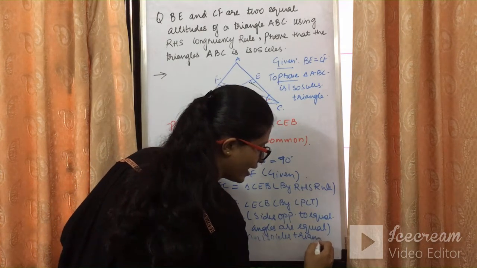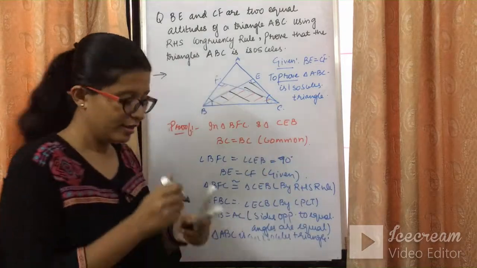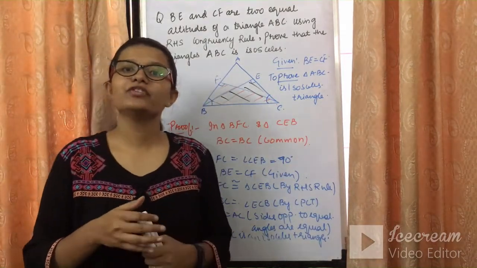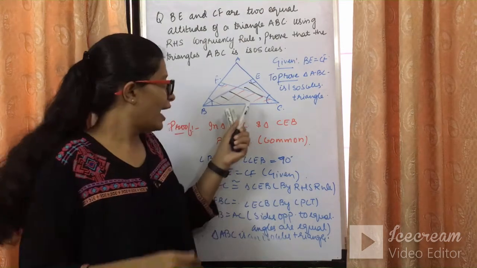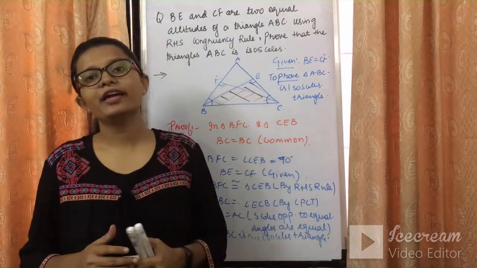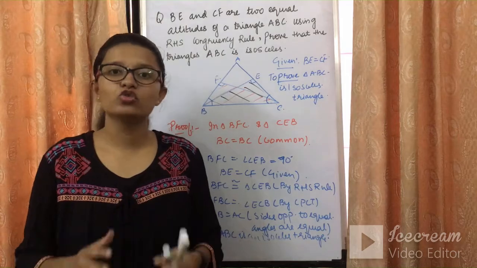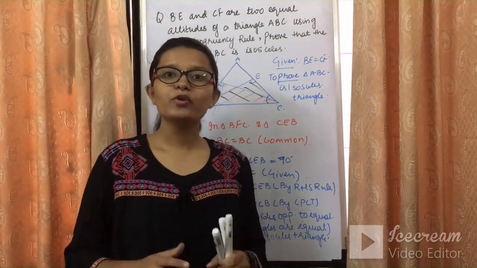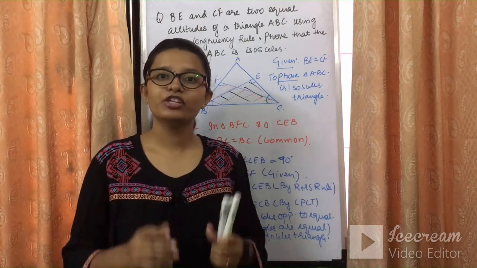So it is very easy if you get which two triangles we need to prove congruent. And if you prove it congruent, by using the corresponding parts of those two triangles, we can prove that the sum is done. So I hope you must have understood the concepts of the triangles.